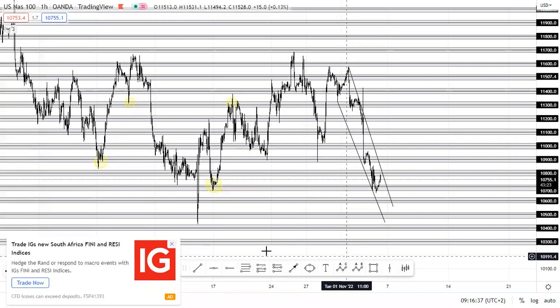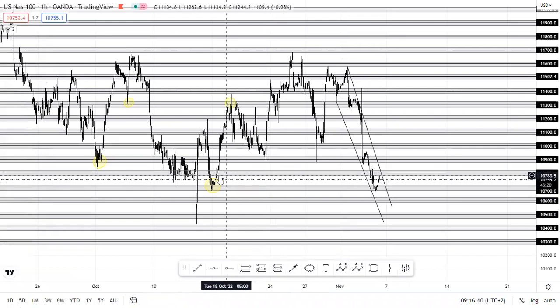But we're also going to look at structure. Previously, NASDAQ bounced off of here and came all the way up here.